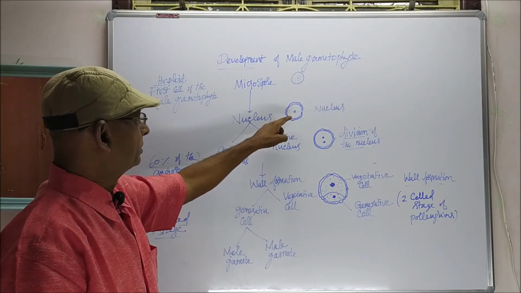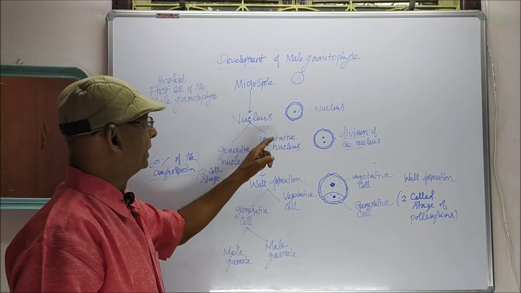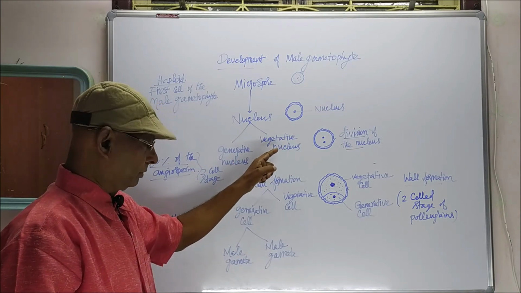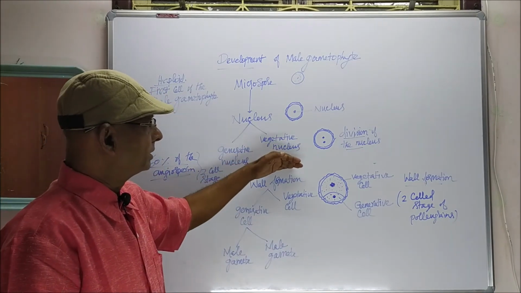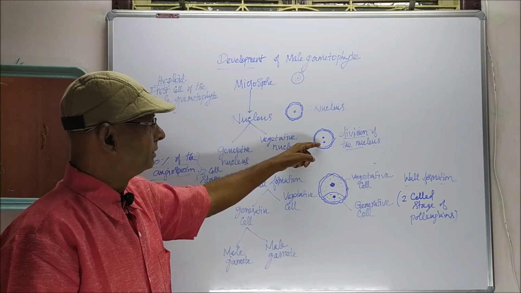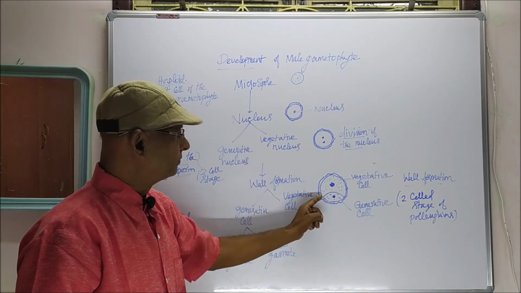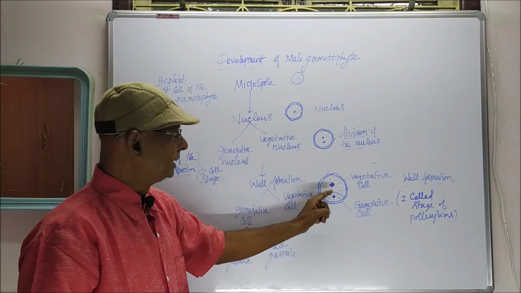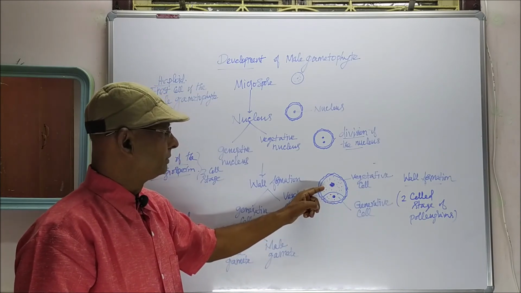The haploid nucleus divides into two nuclei: one is vegetative nucleus, another one is generative nucleus. After the division of the nucleus, wall formation takes place. A cross wall forms and divides the cell into two: one is generative cell, another one is vegetative cell.